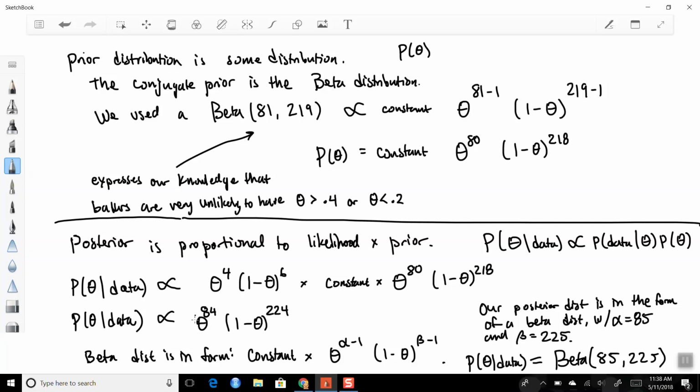We know a beta distribution is a proper PDF and it looks like this. Can I get this thing to look like this? The answer is yes. This thing will look like this if alpha is 85 and beta is 225. Then the beta distribution looks exactly like my thing with a proportionality constant, and then we'll know it integrates to 1.